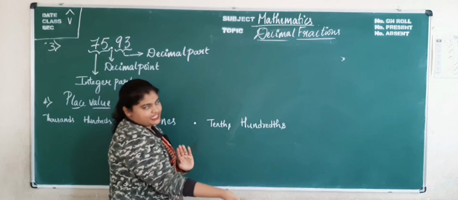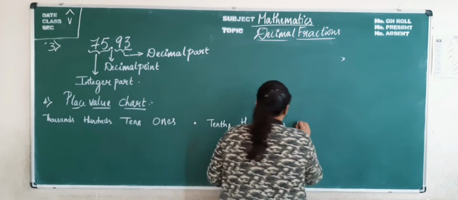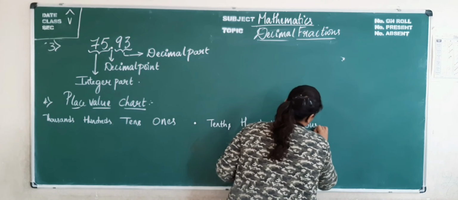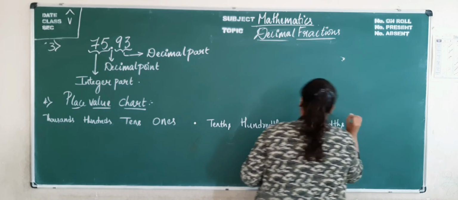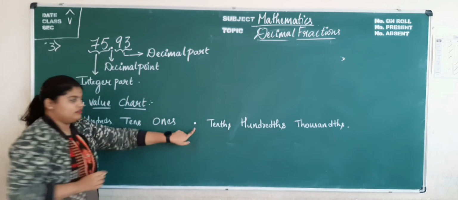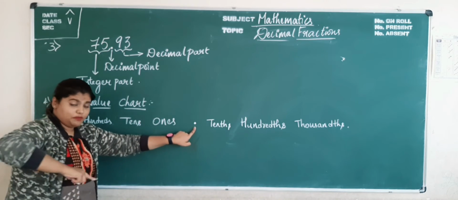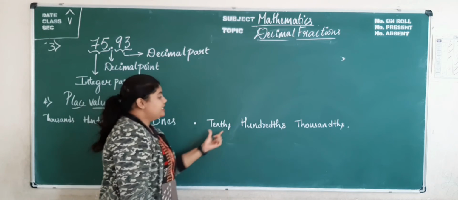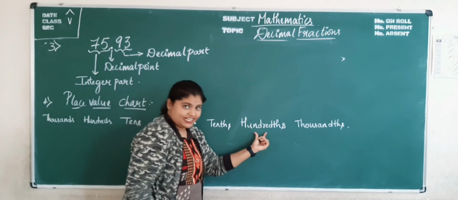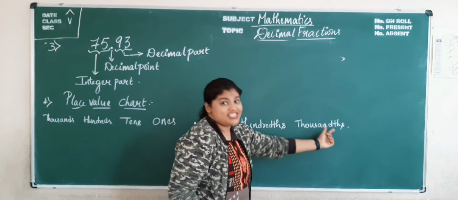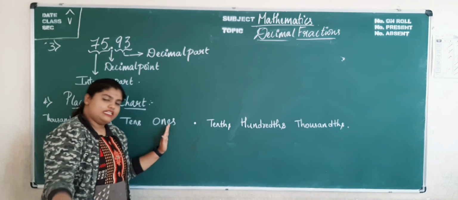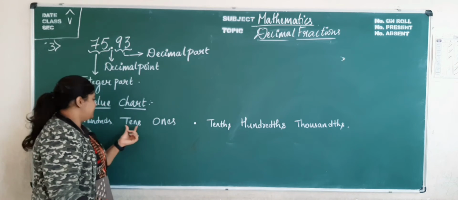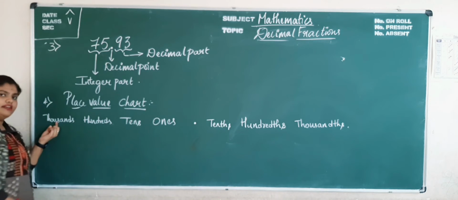After that we write thousandths. So after the decimal point towards the right side, tenths, then hundredths, then thousandths. Then towards the left side of the decimal point, you know, ones, tens, hundreds and thousands.